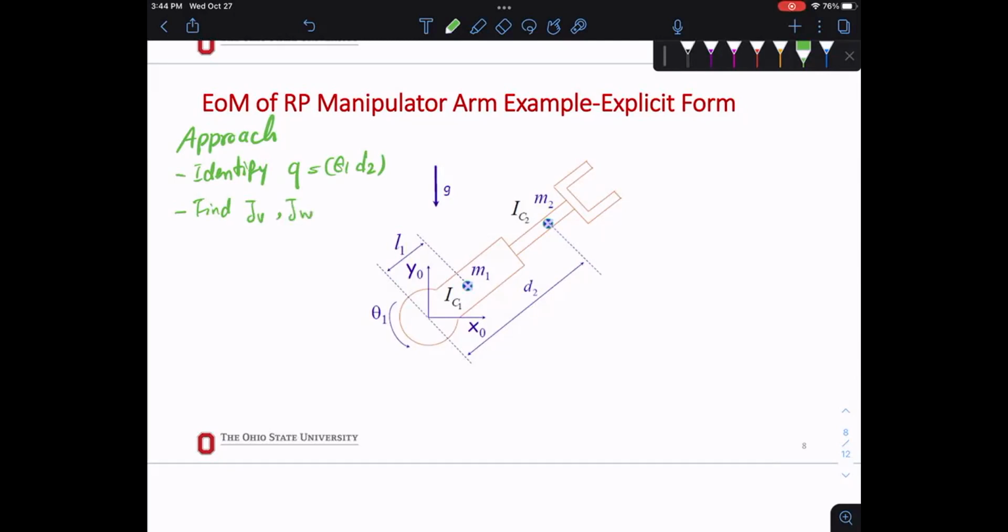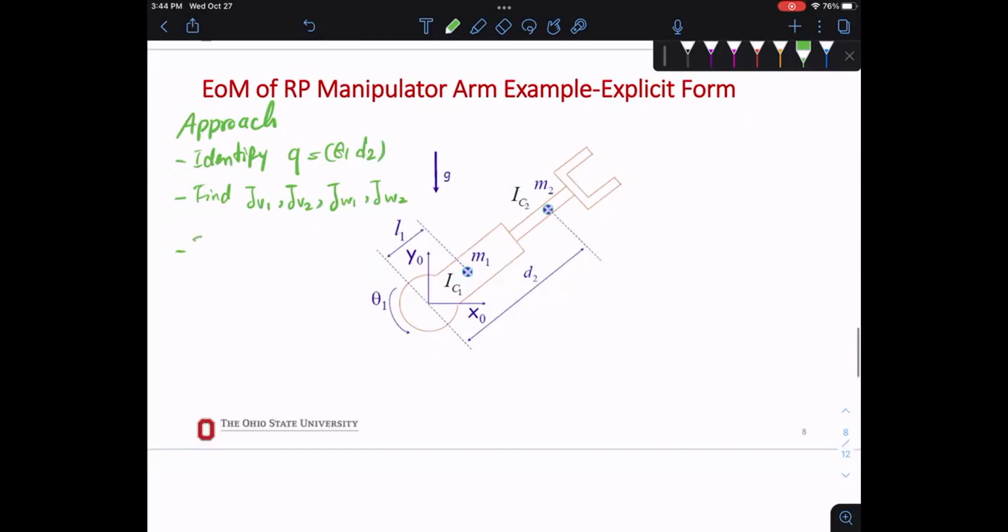Here I'm gonna write all of it: JV1, JV2, J omega 1, J omega 2, right? Because you have two links, you're gonna have two different Jacobians for each of the links. Then once we have all of our Jacobians, find the mass matrix M, right? This M includes M11, M12, M21, M22.